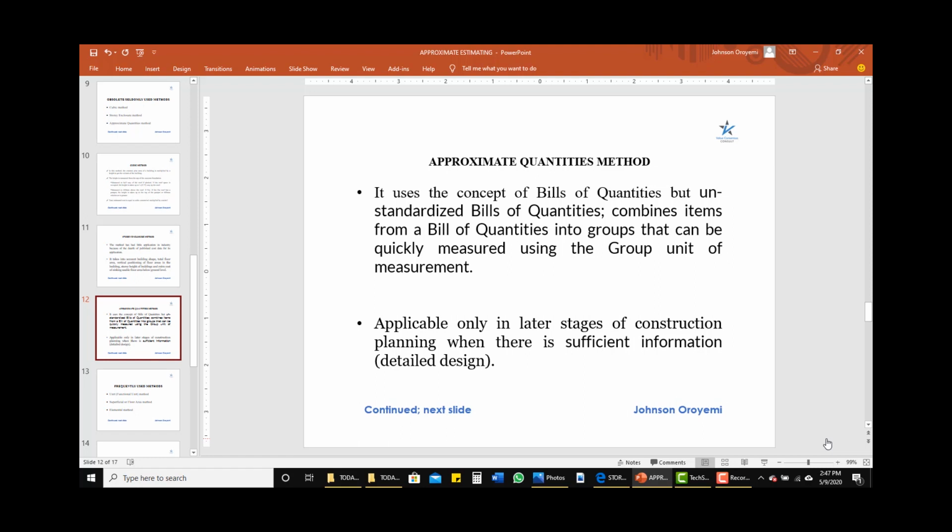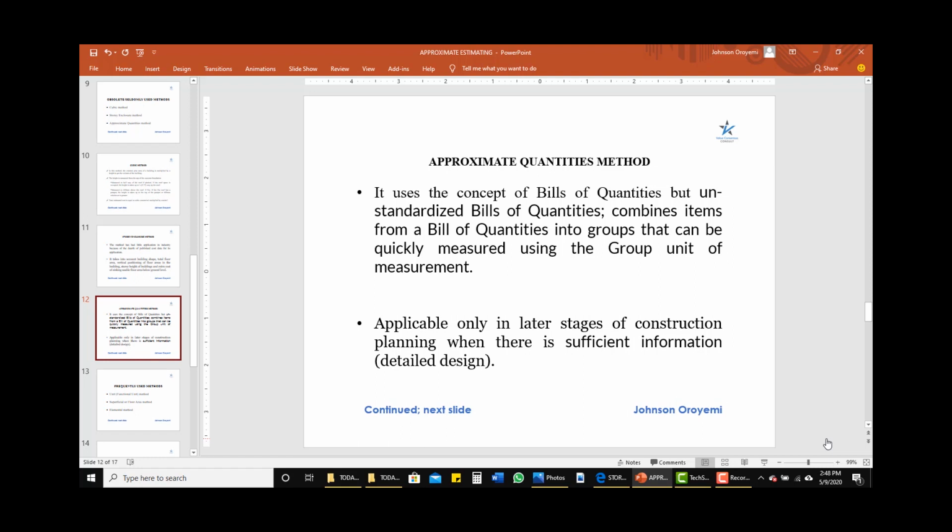It uses the concept of bill of quantities, although an unstandardized bill of quantities. What it does is that it combines a group of related items into one. Taking for instance, I can say excavate trench, level and compact and blind with 1:3:6 concrete.